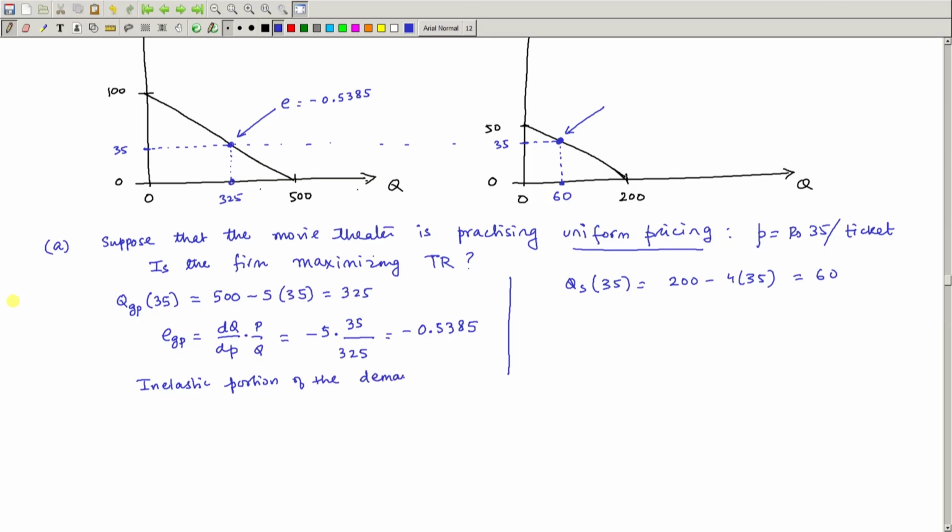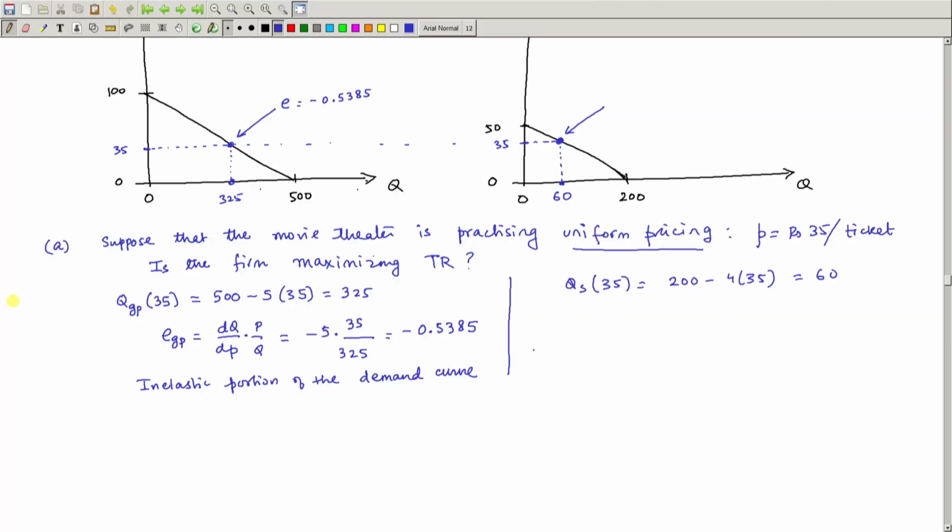And in particular, it is not at the unit elastic point. Why did we care about the unit elastic point? Recall that the firm is maximizing its total revenue with respect to this group when it is operating at the unit elastic point. And currently we know that it is on the inelastic portion of the demand curve.